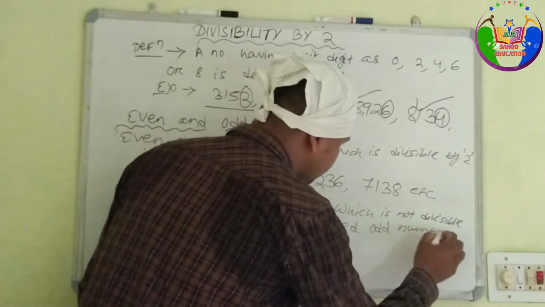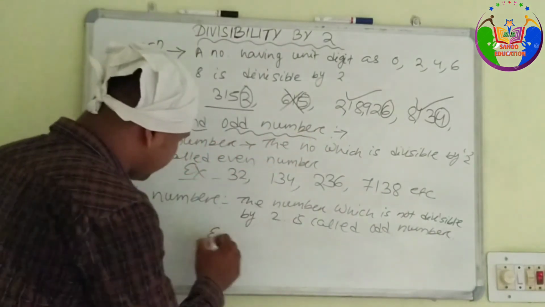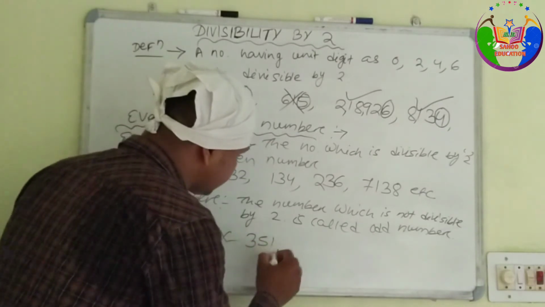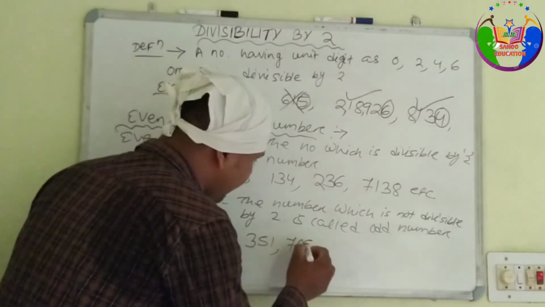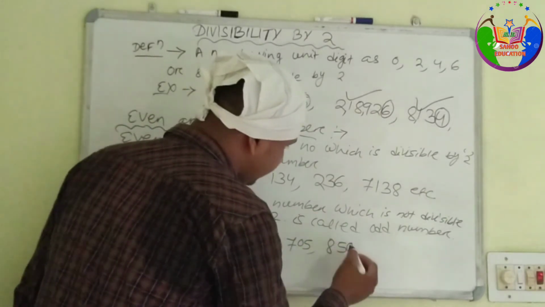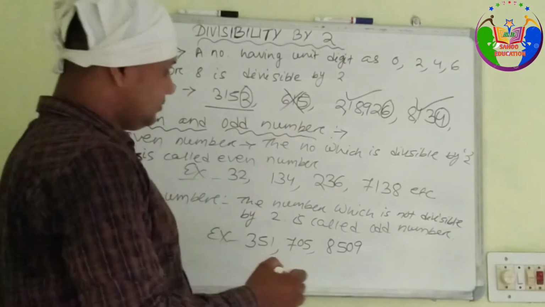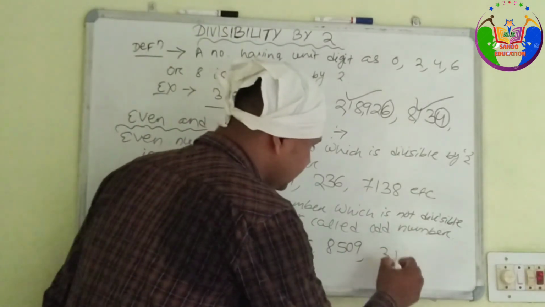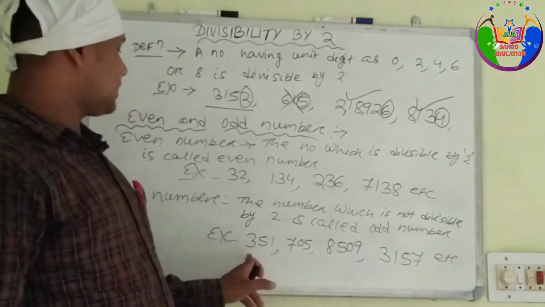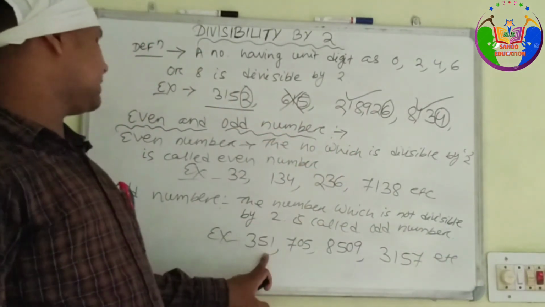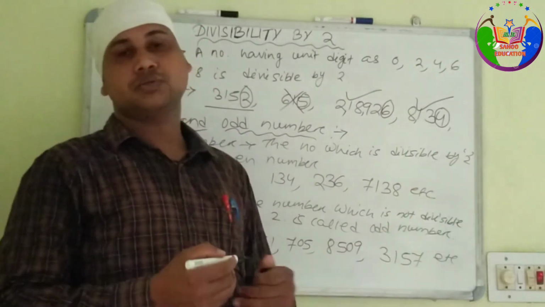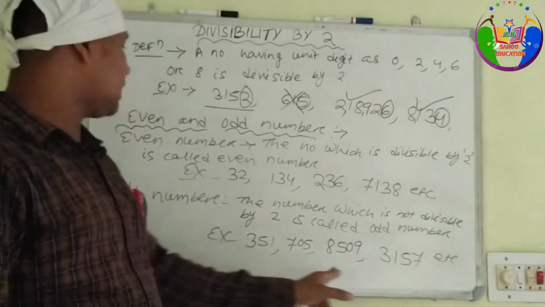So we'll take some examples of odd numbers like 351, 705, 8,509, 3, 1, 5, 7, etc. These are not divisible by 2 as the unit digits are 1, 5, 9, 7, etc. So these are called odd numbers.